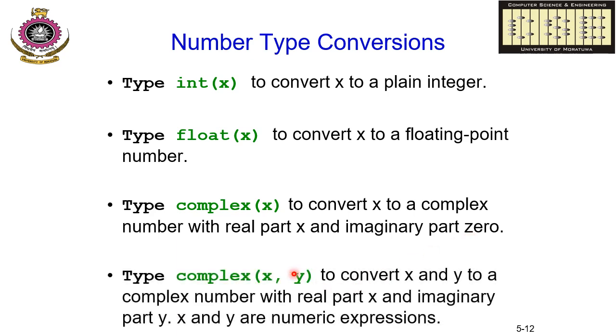And you can actually have the imaginary part as well using two parameters. This is to convert x and y to a complex number with real part x and imaginary part y. x and y should be numeric expressions. So this is how you do type conversions in Python, especially regarding the number types in Python.